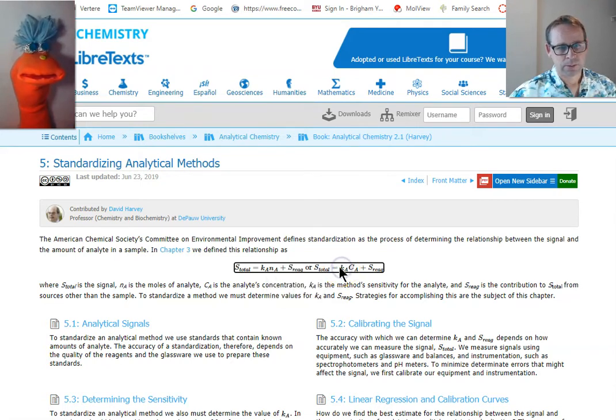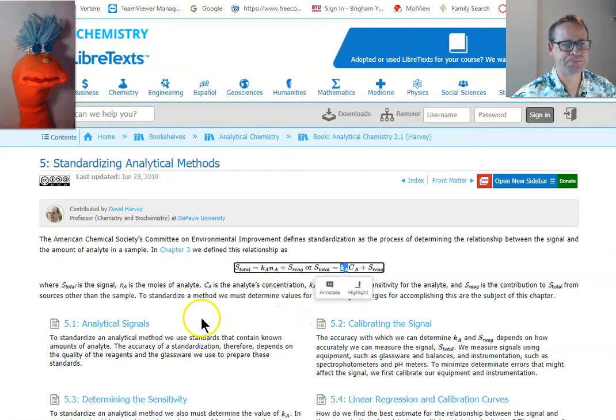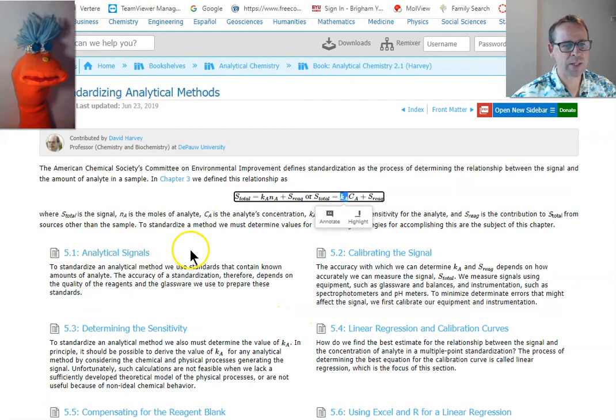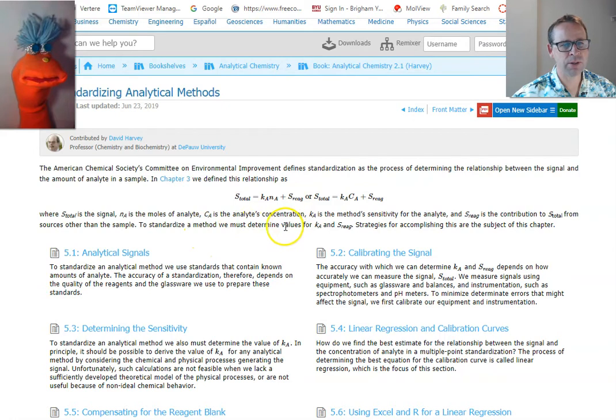We're going to call this proportionality constant our sensitivity, or the sensitivity constant, because it's essentially telling us how much signal we get for every given amount of the concentration or moles of analyte in our sample. So that's what we want to do. We want to determine the value of our sensitivity and the contribution of our reagent, and make sure that they're taken into account in any experiment that we run.